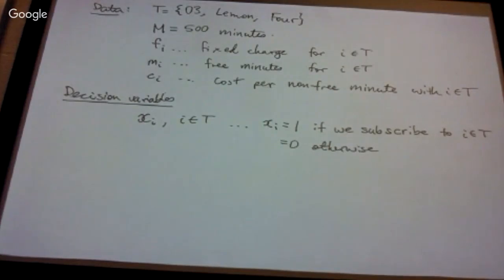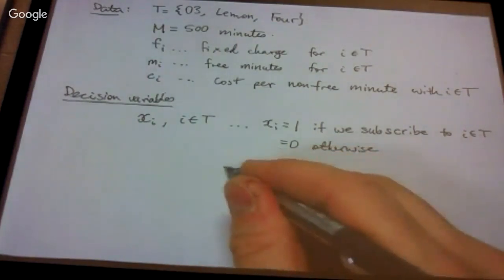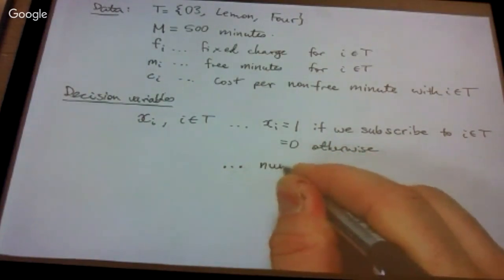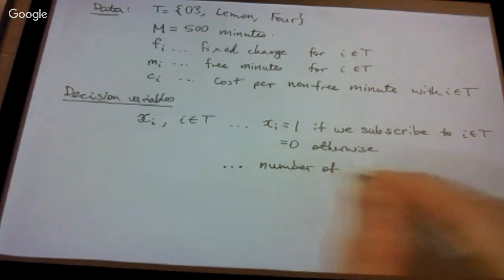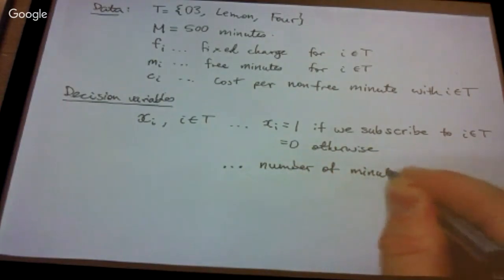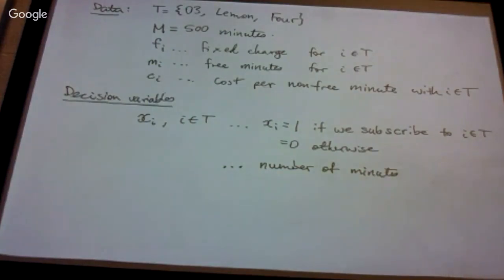Any other decision variables that would be useful? Number of minutes purchased from that telecom.